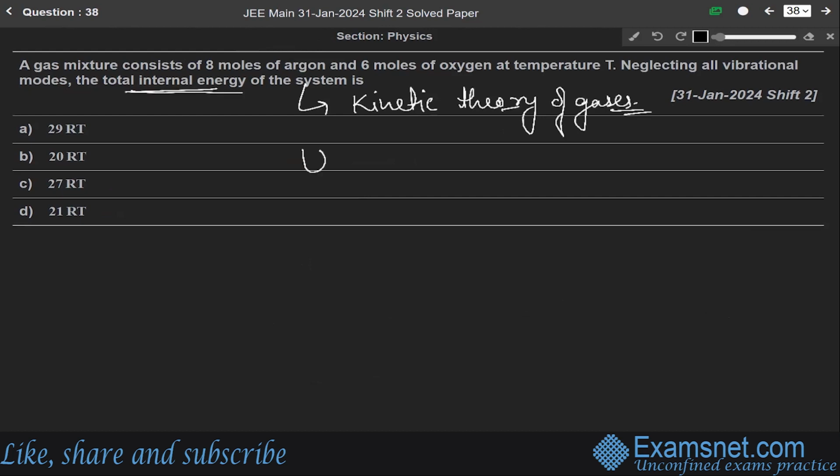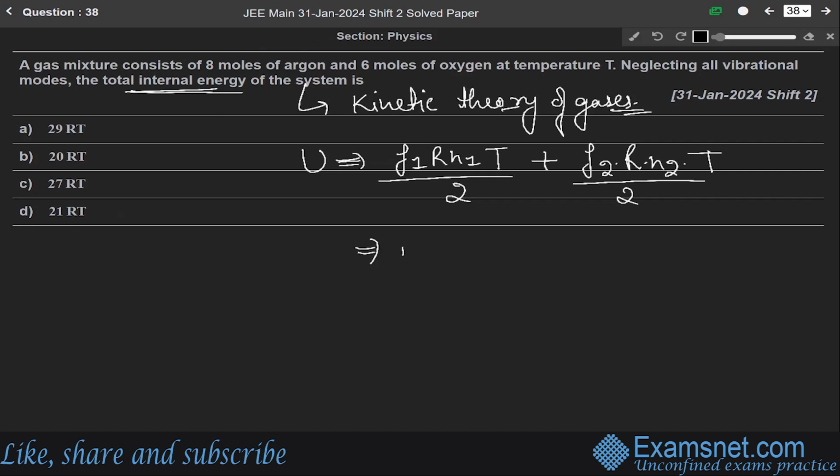The formula for internal energy for such questions is f1 R n1 T by 2 plus f2 R n2 T by 2. Now RT by 2 is common, so taking RT by 2 as common, we get f1 n1 plus f2 n2.